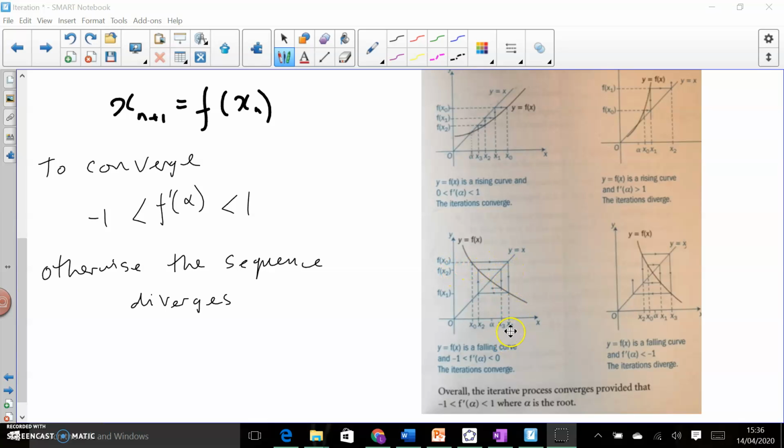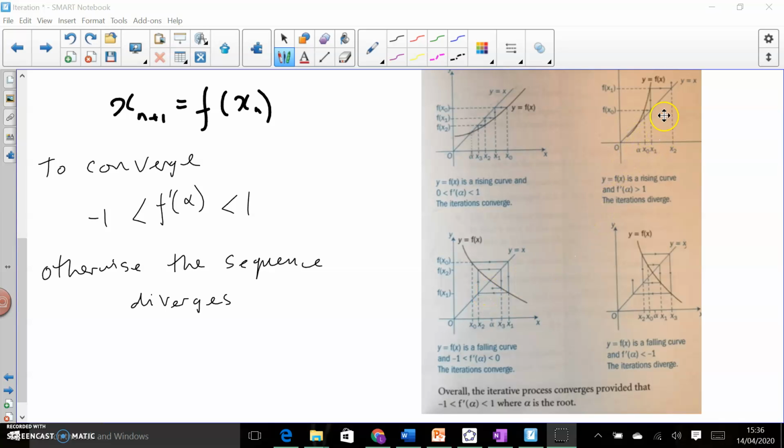Take that as your next value, x1. Go to the curve. That's f of x1, so that's x2. That's f of x2, which is x3, and so on. And you alternate, and you go round and converge onto the root, alternating between greater than and less than, as I said.